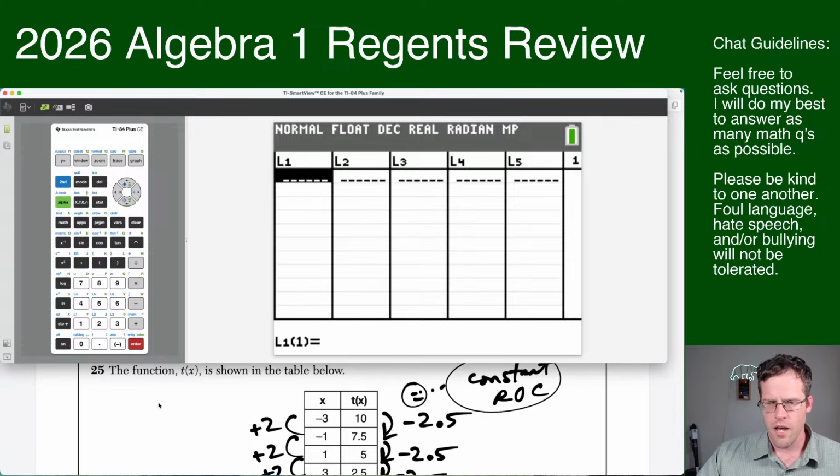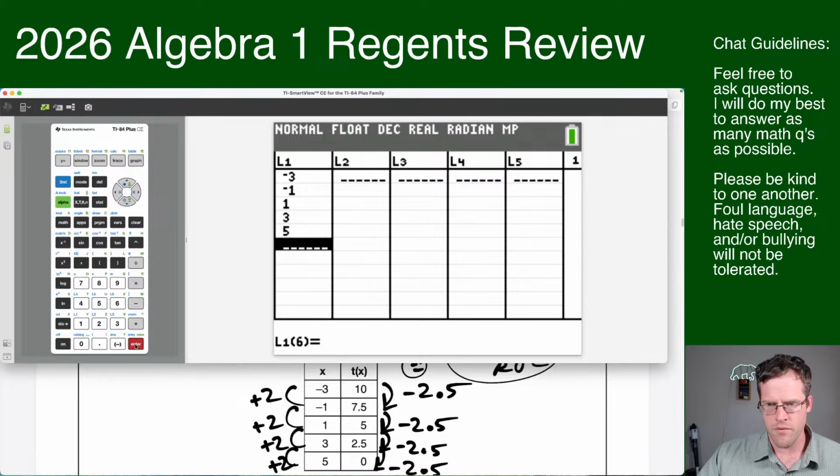Stats, edit. I could write all these values in: -3, -1, 1, 3, and then 5, and then type in 10, 7.5, 5, 2.5, and 0.